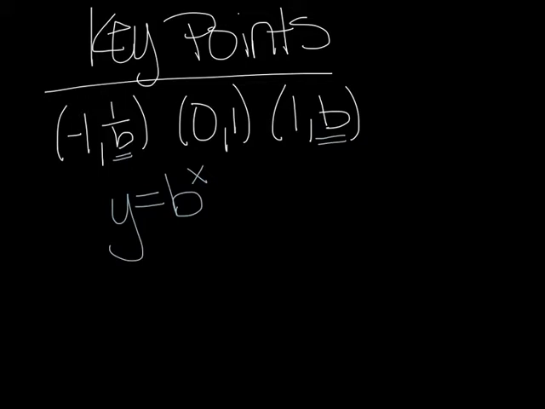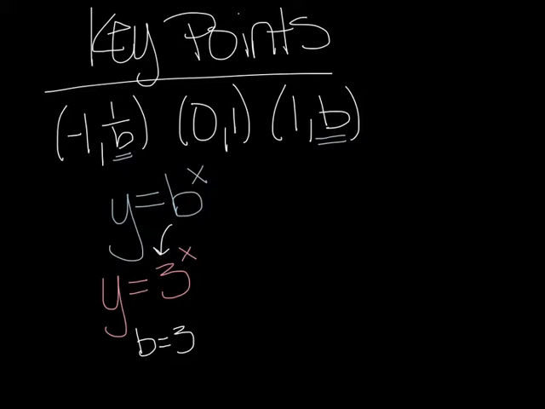So if I were to have the equation y equals 3 to the x, I know that the b value is 3. So I can write my key points for this parent function without generating a table or doing all of that math at all, right?